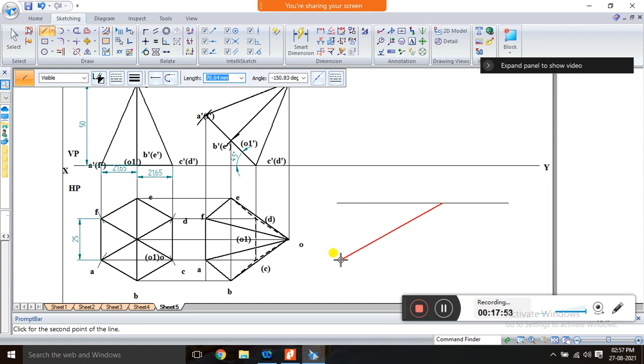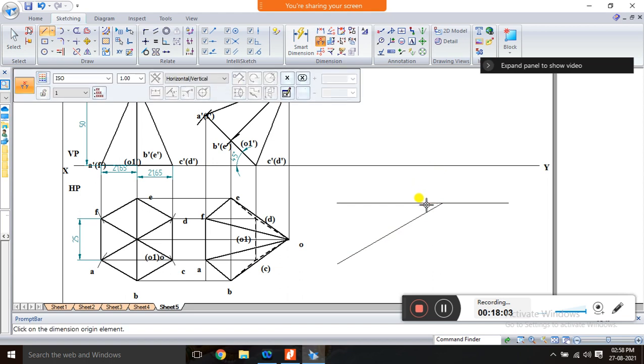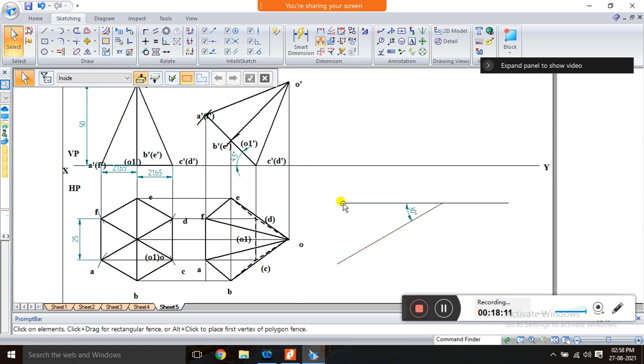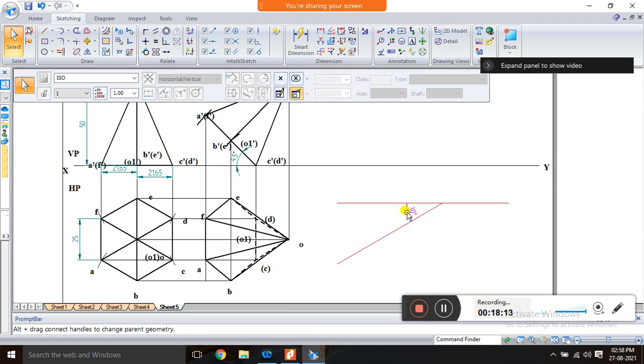Okay, I have drawn 30 degree. You just cross verify, from here to here it is 30 degree. So draw 30 degree as usual, as given.